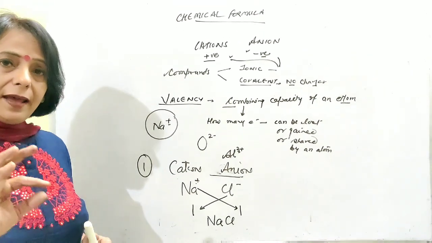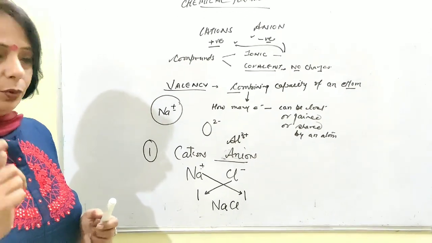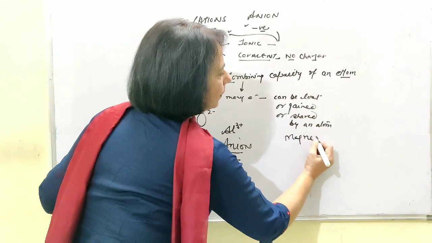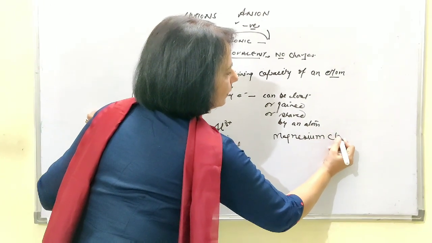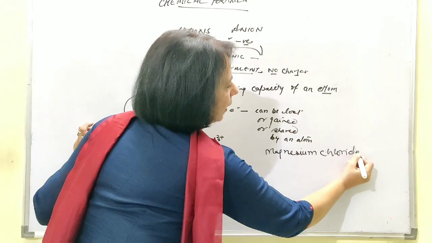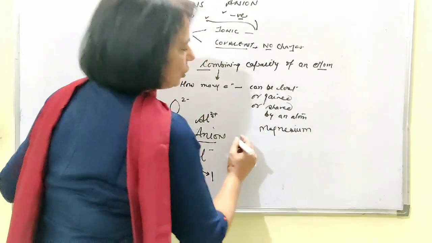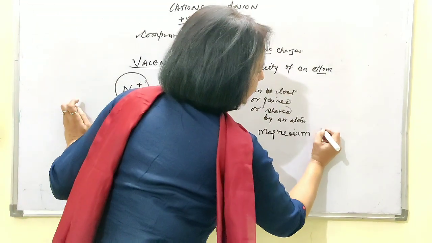What if they are carrying unequal valencies? Let's take another example of magnesium chloride, or let's not take this, let's go ahead with magnesium nitride.